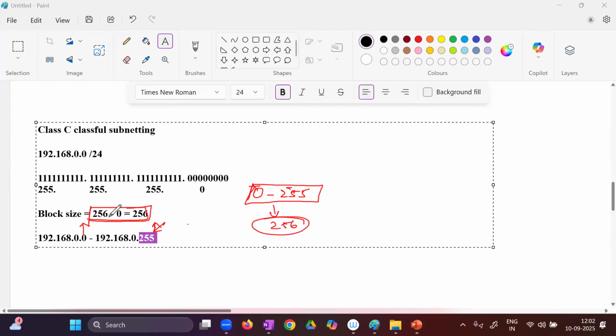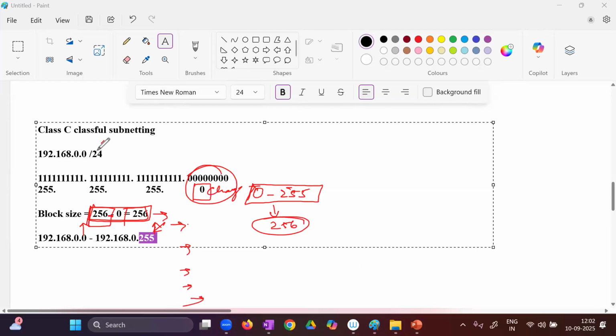The total value I'm getting is 256. If I have to divide a large network into small networks, I have to subtract the changes, no? Total is 256, that I know. Now I will subtract the change of one. If you subtract the value, what will you get? The number of changes.